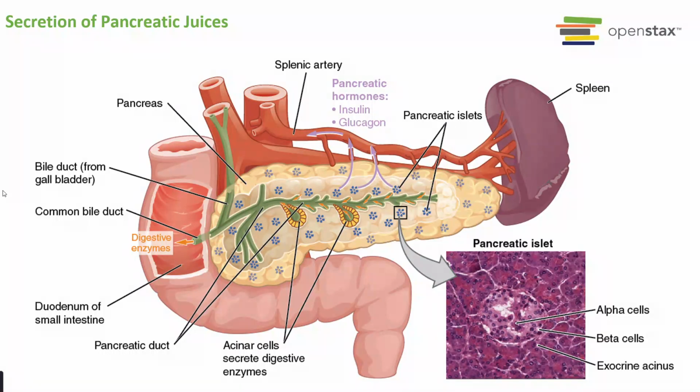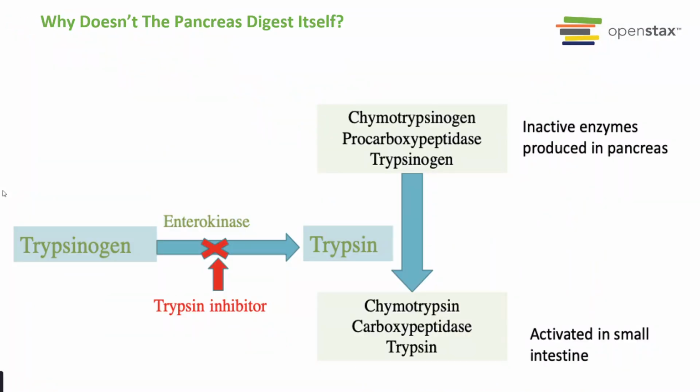Given that the pancreas has a series of hormones, but it also has digestive enzymes, you may be wondering, why doesn't the pancreas actually self-destruct or break down itself? And so here is kind of a unique story that suggests why the pancreas does not auto-digest.